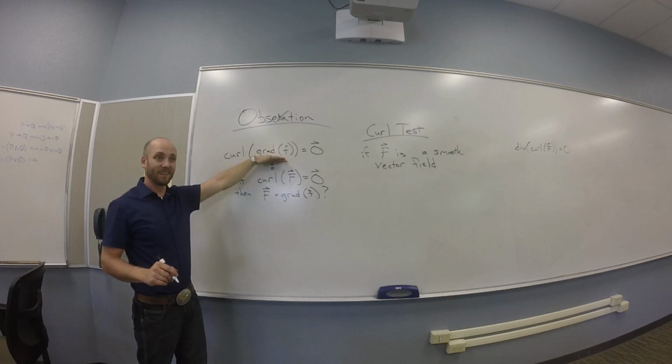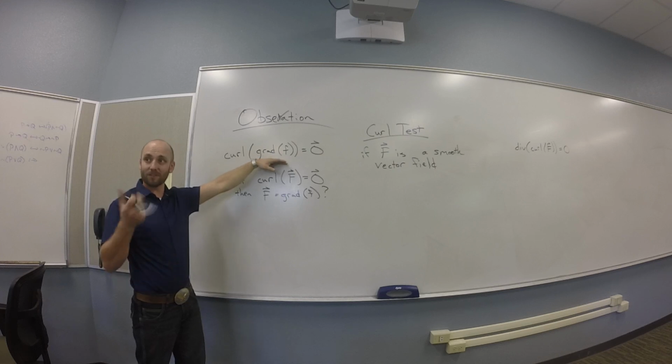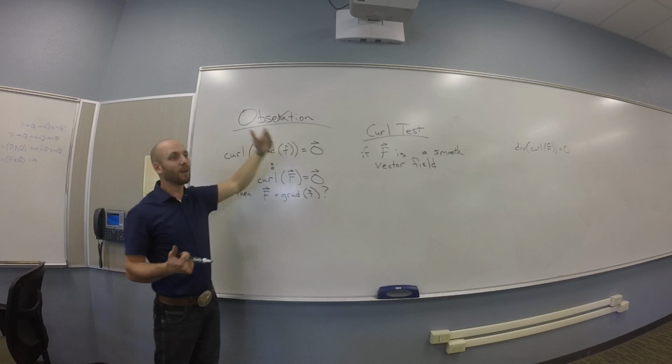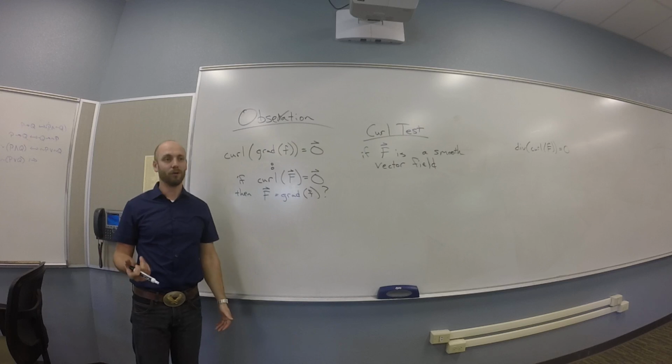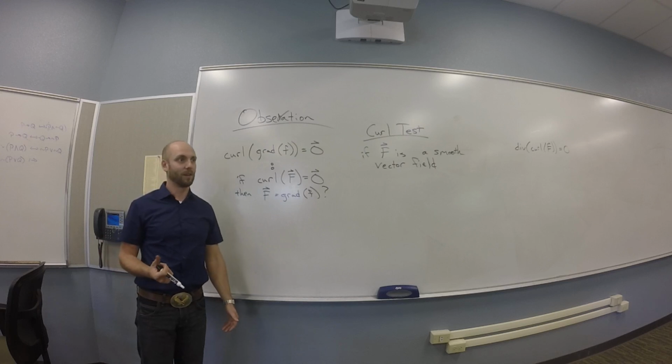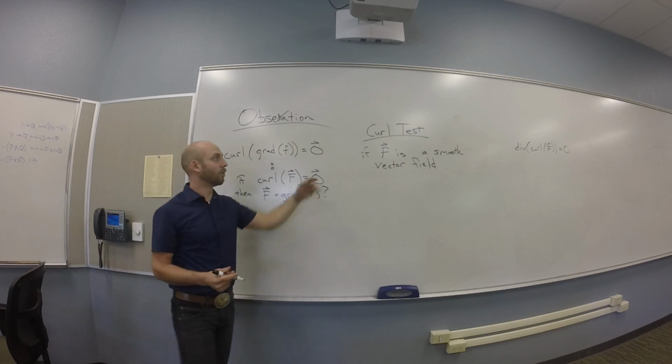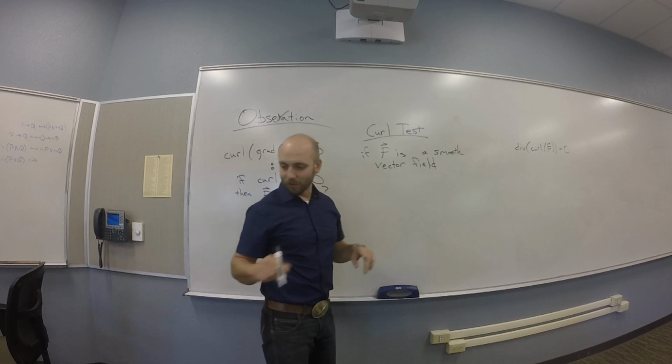For the curl of the gradient of f to be 0, you kind of need the mixed partials to be equal, so you need Clairaut's to apply. So you sort of need to know that things are smooth enough so that you can play the Clairaut's game. You guys see that?